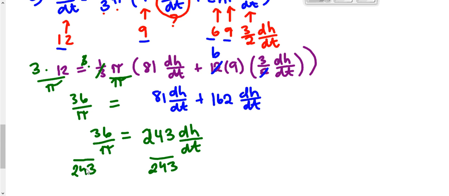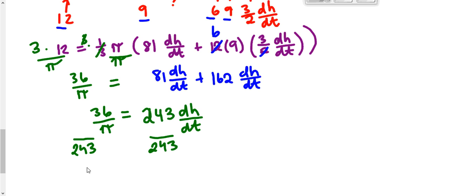So 243 joins the pi on the bottom, so 243 pi is our new denominator, all over 36 equals dH dt.